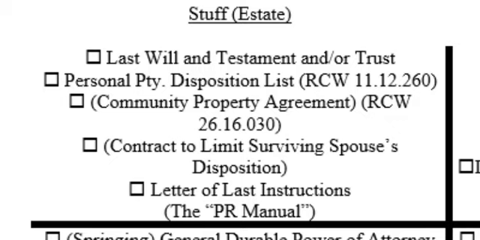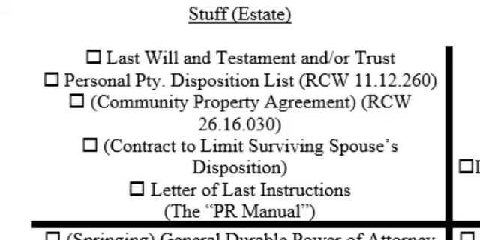And when the first of us dies, we want all of the community property to pass to the surviving spouse. That's referred to as a three-prong community property agreement, and it avoids probate for the first of the spouses to die. Not for the second, but for the first.